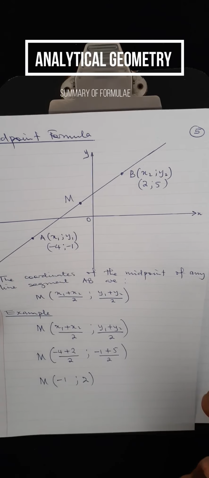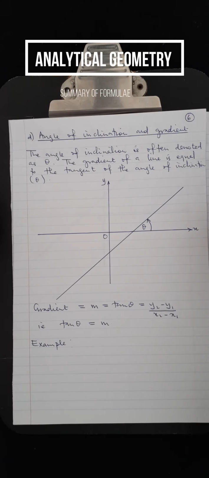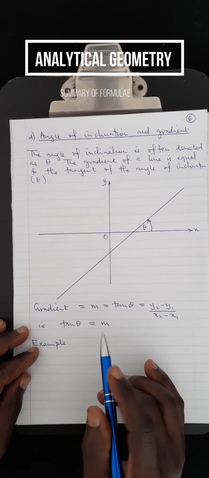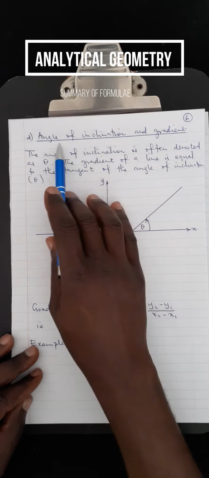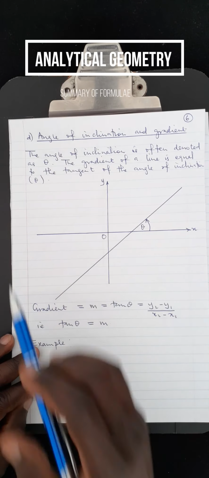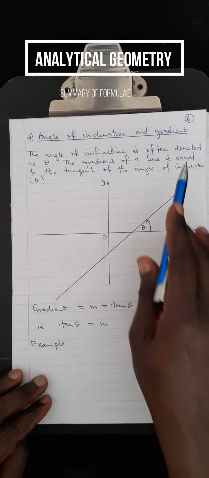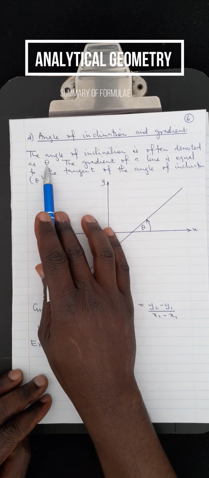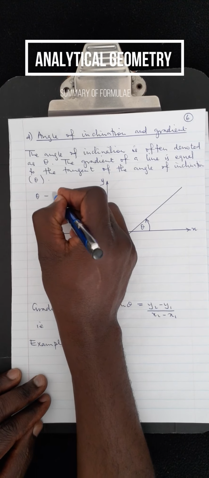Let's put this page aside. We move to the next concept. The next concept is the angle of inclination and gradient. The angle of inclination is often denoted as theta. Theta, we spell it that way, it's a Greek letter.